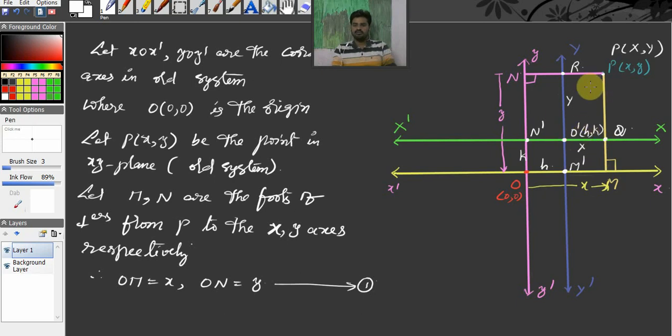Now we have to find capital X and capital Y. After finding them, if you put these values in the point P, you will get the point in the new system. Okay, now let us write here.